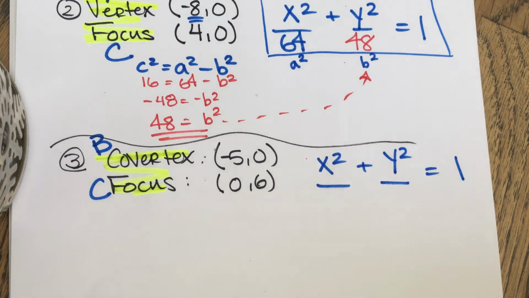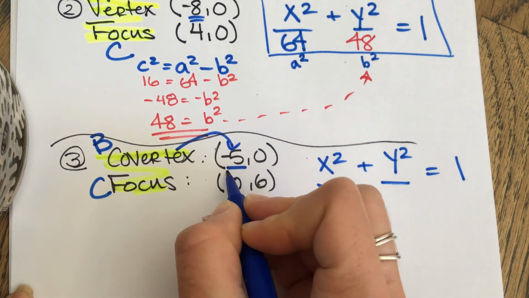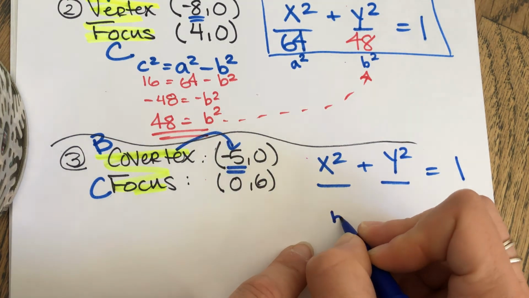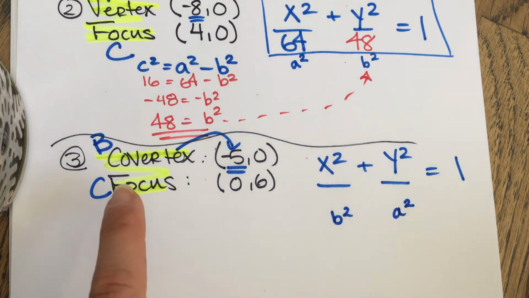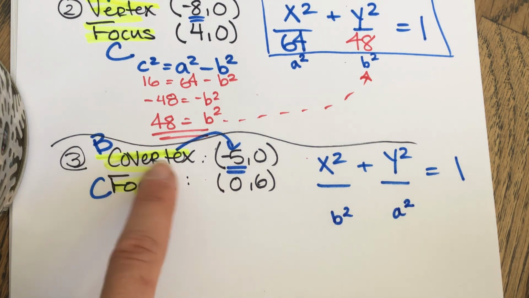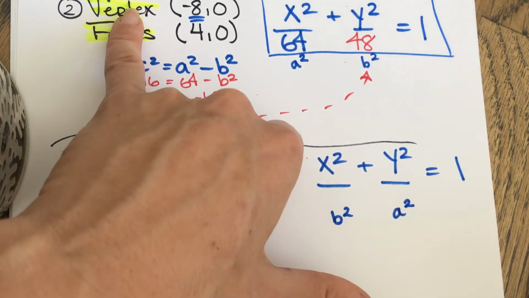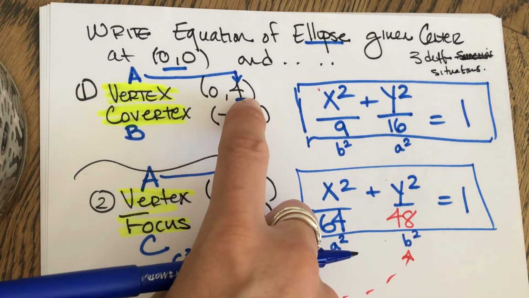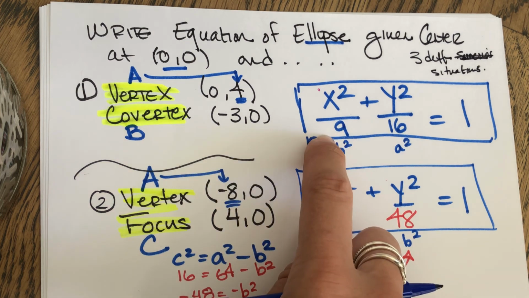Okay, so co-vertex is following here. So that means it's the x, so what's going to go here? A b squared, and here is the a squared, right? Because wherever the co-vertex or the vertex is, they kind of are the leaders. This would be the x, this is your x. Just like up here. Vertex in this case was the y, co-vertex was under the x.